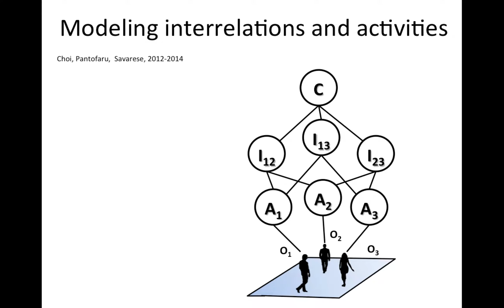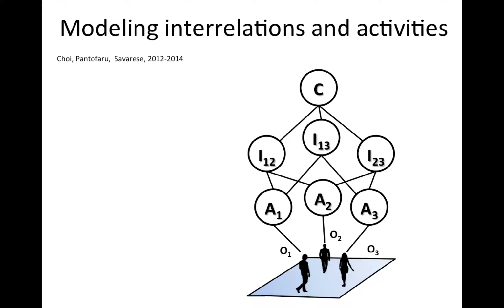In the work by my former student Bongkun Choi, we characterize these interrelations by a probabilistic dynamical graphical model, as shown here. A1, A2, A3 are nodes describing the individual activities that each target is performing, for instance walking, sitting, standing, and are grounded to the observations O1, O2, O3.